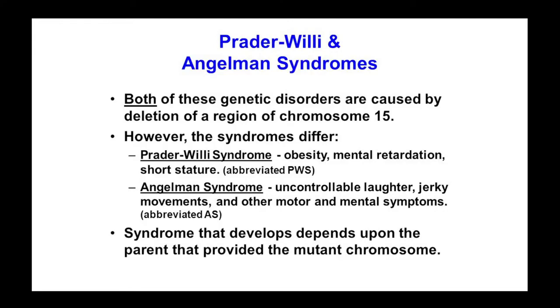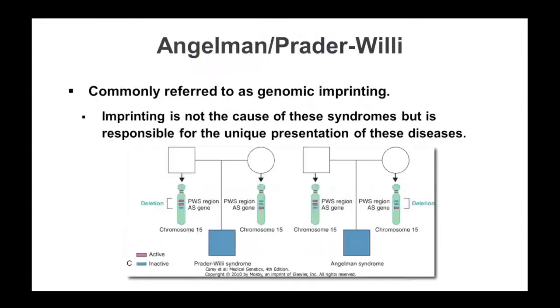The syndrome that develops depends upon the parent which provides the mutant chromosome. Angelman and Prader-Willi syndromes are commonly referred to as genomic imprinting disorders. Imprinting is not the cause of these syndromes, but it is responsible for the acute presentation of the disease.